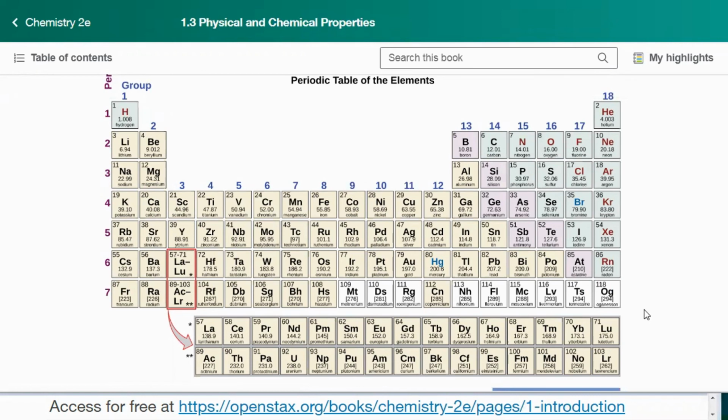So when they say it's liquid or gas, that is at standard temperatures and pressures. So hydrogen is a nonmetal, and at standard temperatures and pressures, it is a gas. Helium is similar in the sense that it is also a gas and a nonmetal.